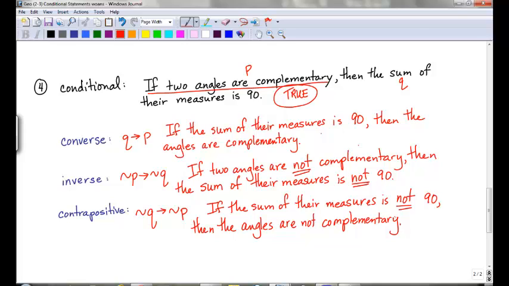We said the first conditional was true. Now you got to go the reverse. On the converse, if the sum of their measures is 90, then the angles are complementary. True. That's also true.